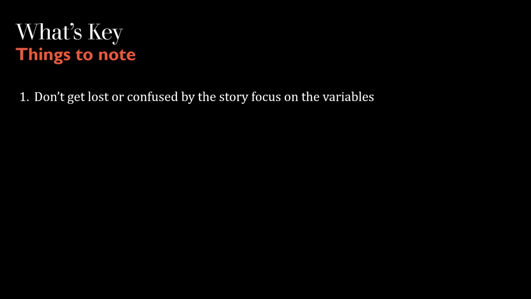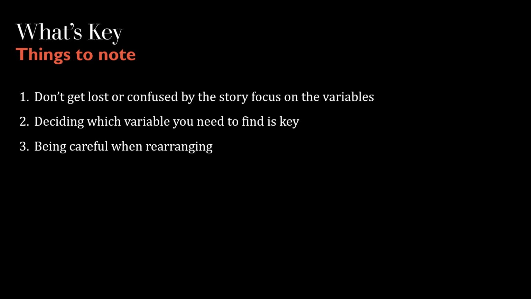So that's a very tricky question. It's easy to get lost or confused by the story. So ignore the story and focus on the variables you've been given. Maybe just write down the variables in the margin of your question paper to help decide which equation you need to use, and decide which variable it is you need to find so that you know to rearrange the equation for that variable.